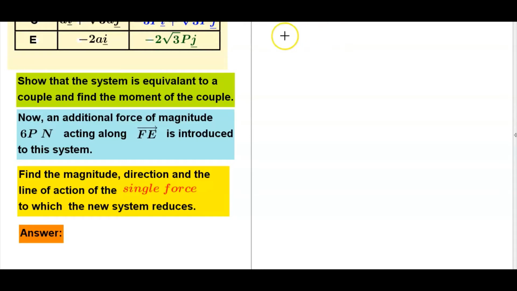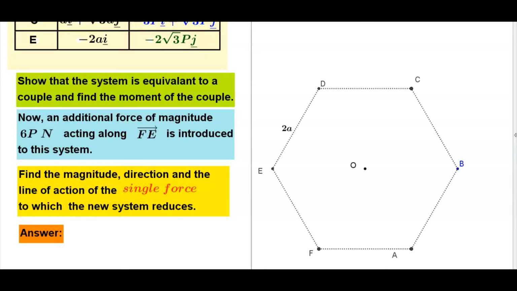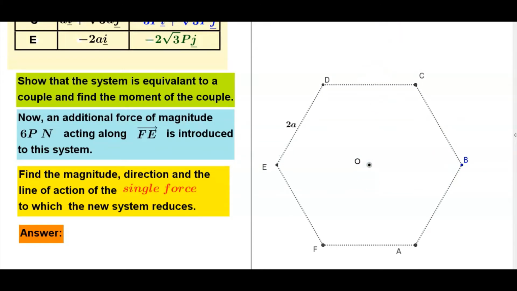Answer for this question. Take the hexagon ABCDEF of side 2a, and H is the midpoint of CD.